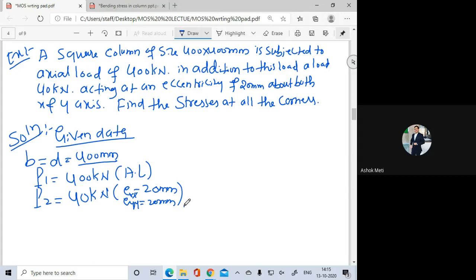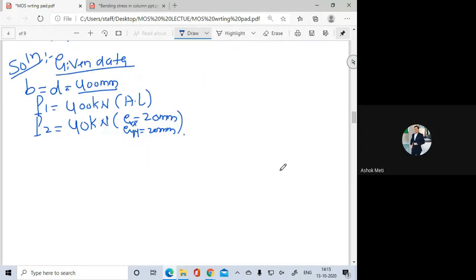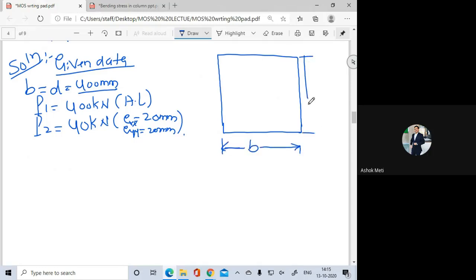Okay. So now I will draw the cross section. So this is a square section. Here the width is B and the depth of the section is D. So the width of the section is 400 mm and the depth is also 400 mm.